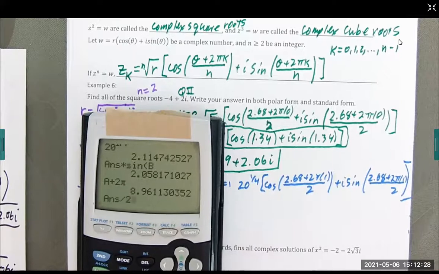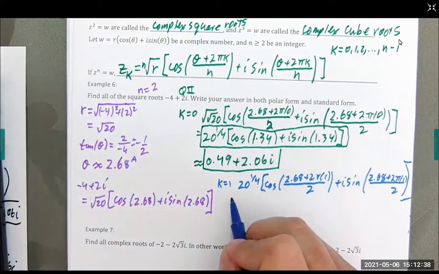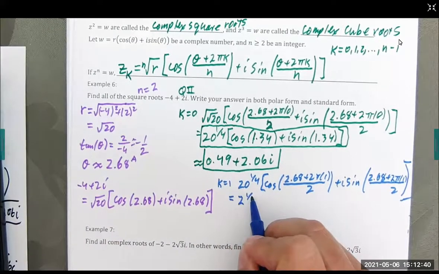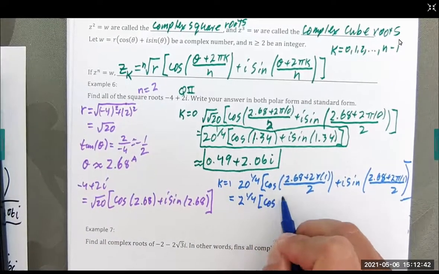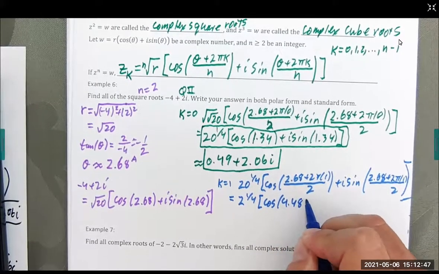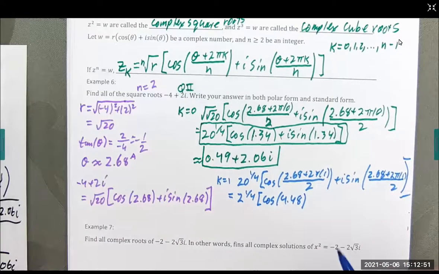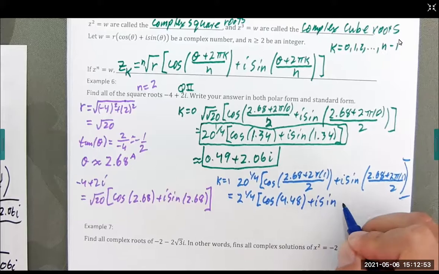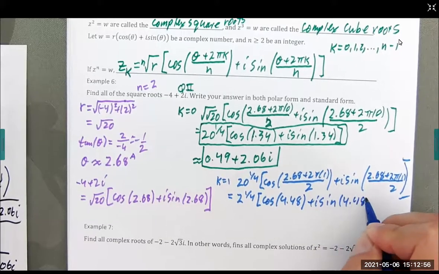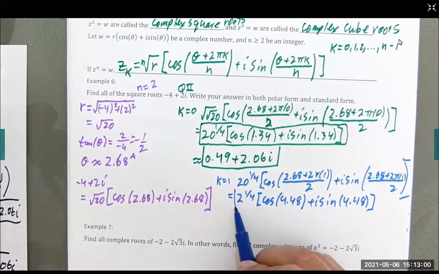All right, I'm going to store that as C. So this becomes 20 to the 1/4 cosine of 4.48, which again, I just stored that huge number off into memory C, plus I sine 4.48. So this is the answer in polar form.